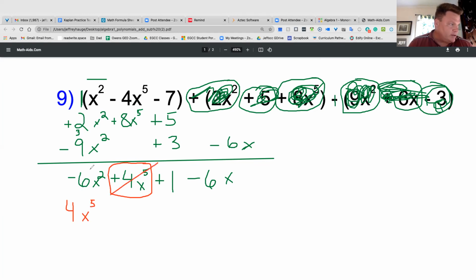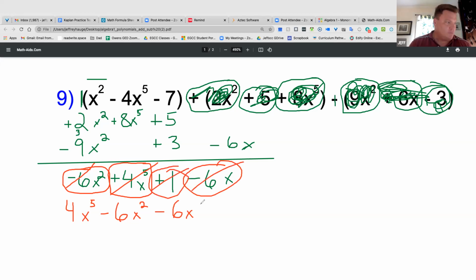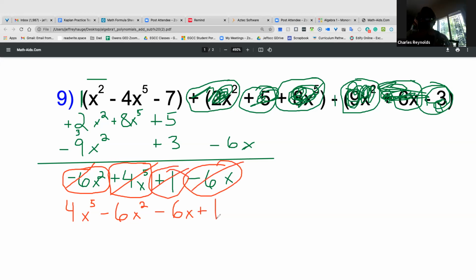And then the next most complicated is this business, and the sign travels. So that one's done. Then -6x is the next most complicated. So that one is done. And then here comes the just-a-number family, put the outside +1. And that's the answer.